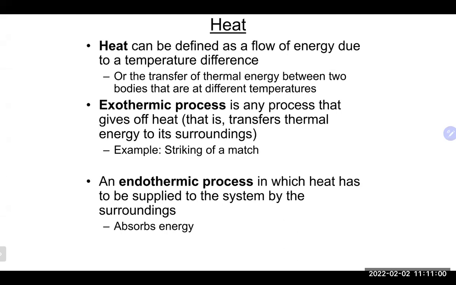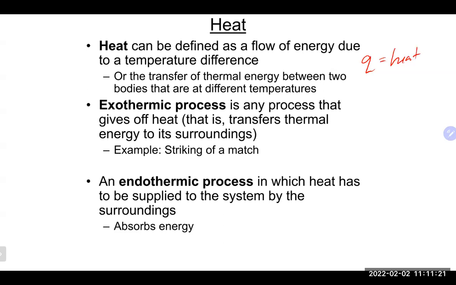Now, in terms of calculations, there are two different ways that we represent heat or energy, at least in this class. One very common way is Q, and we'll talk about how to calculate it in just a bit. Q represents the heat of a reaction.